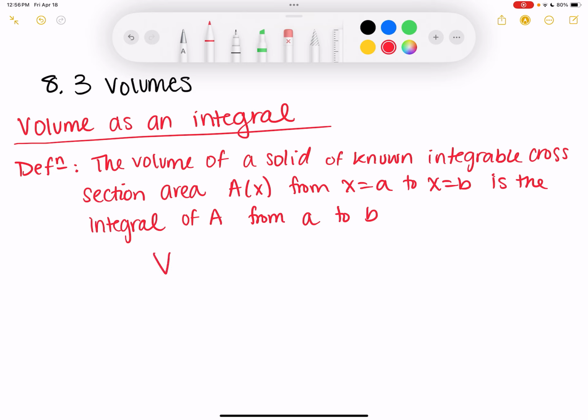So the volume is equal to the integral from a to b of A of x dx.